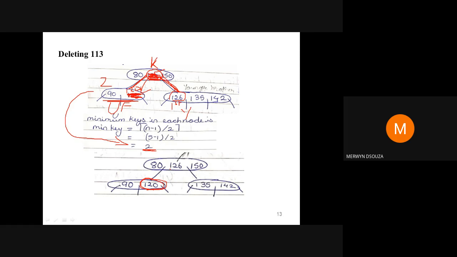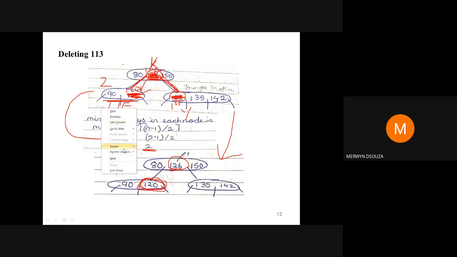So 126 comes in the place of 120. When 126 is sent on top, obviously it is not present here. So this is how it looks. 126 has gone on top, and 120 comes down.